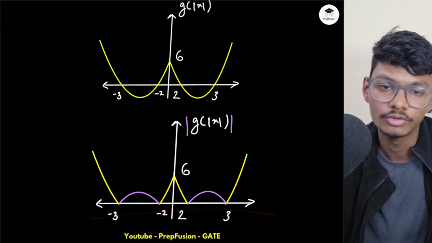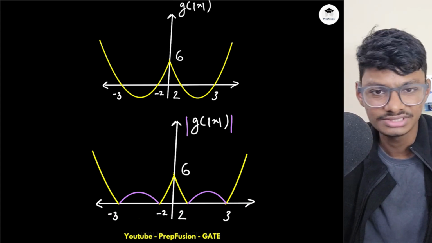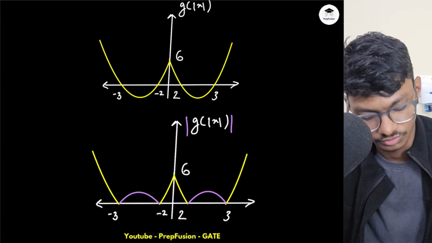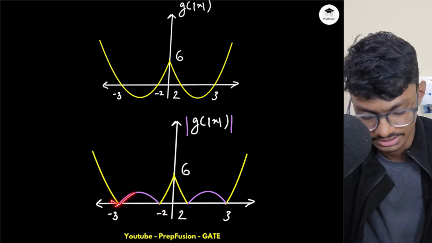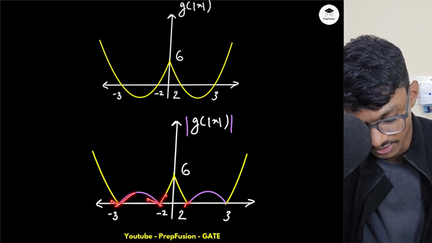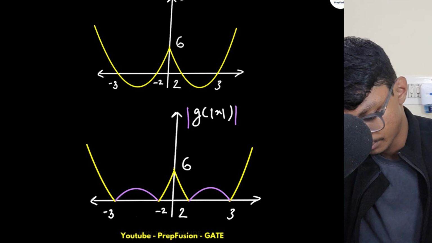So now can you tell me about the local maxima and minima? What is the minimum point? 0, 0, 0, 0, right? And so these are my minima points, because just before this and just after this, everything is increasing. So I will say, just hold on a second.